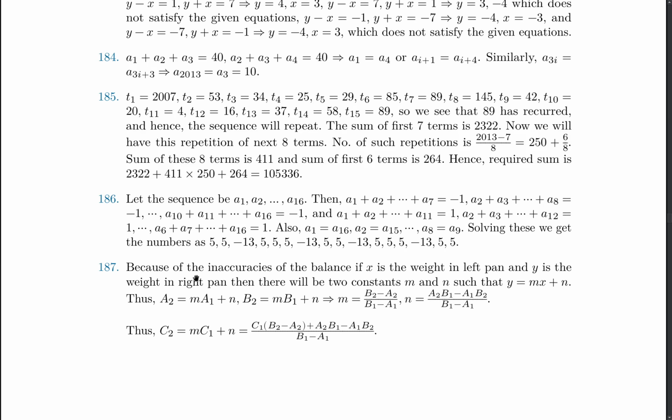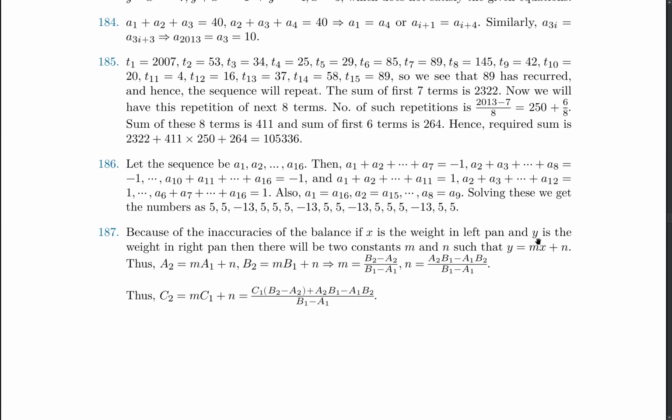Because of the inaccuracy, if there is X weight in the left pan and Y in the right pan, there will be 2 constants M and N such that Y is equal to Mx plus N. Once we have this relation established, A2 will become MA1 plus N and B2 would be MB1 plus N. So M will become B2 minus A2 by B1 minus A1 and N will become A2 B1 minus A1 B2 by B1 minus A1.